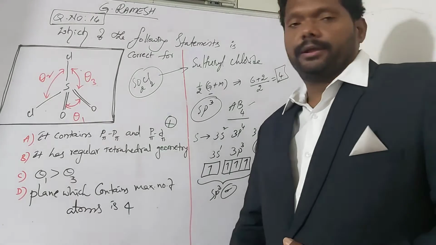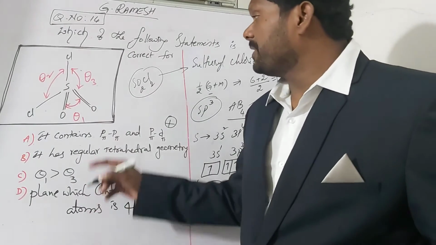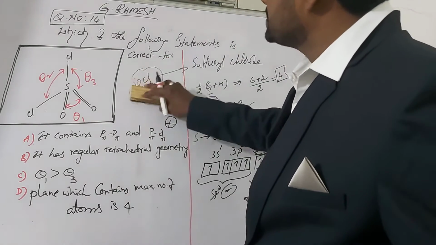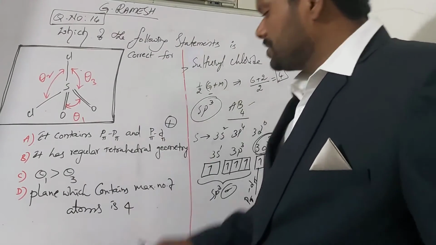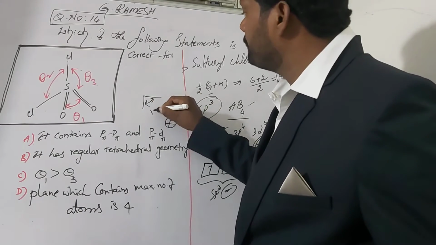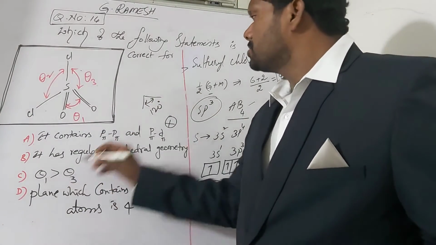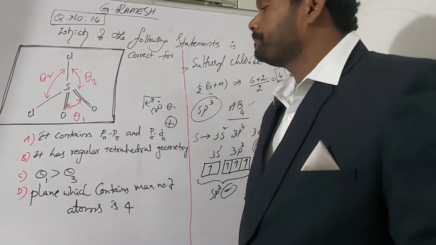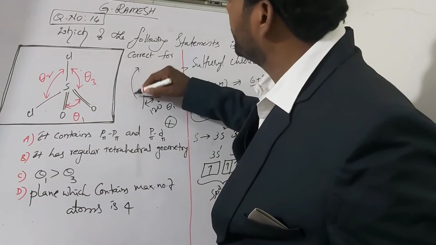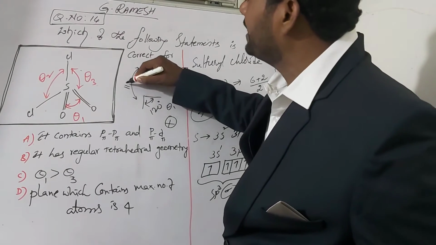Coming to the bond angle, theta 1 is mentioned. Theta 1 is between oxygen and oxygen. In SO2Cl2, the bond angle between oxygen and oxygen was found to be 120 degrees. So theta 1 is 120. Whereas theta 2, between chlorine and chlorine, was found to be 111 degrees.